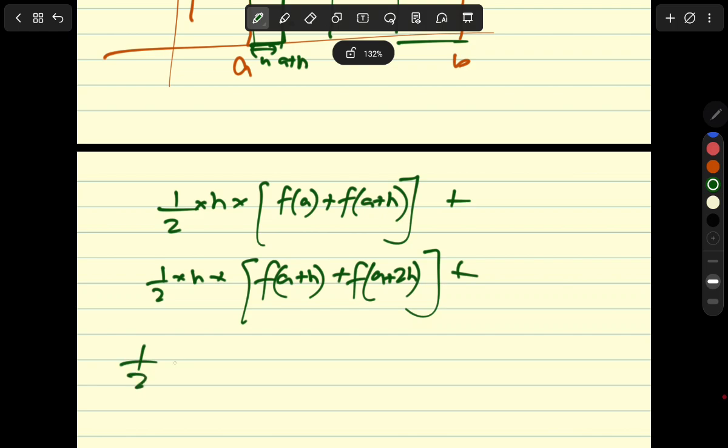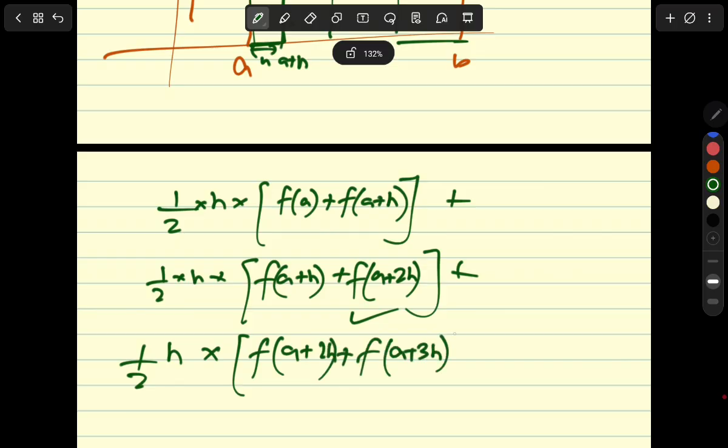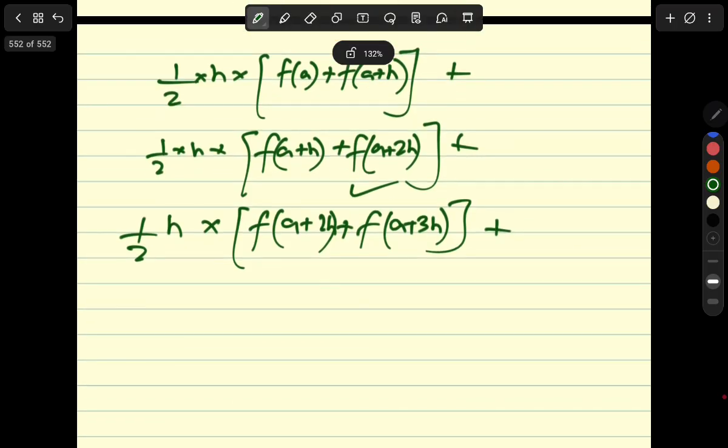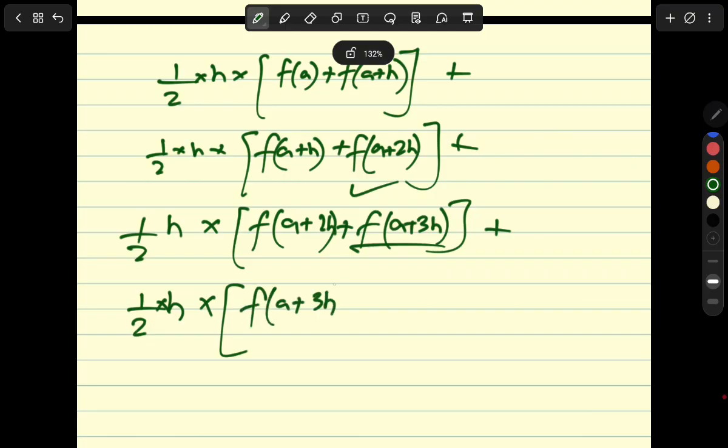And then the third interval is similar, with this one and the third one, a plus 2h and a plus 3h. And then the last interval is going to be half into height into f of a plus 3h plus f of a plus 4h.